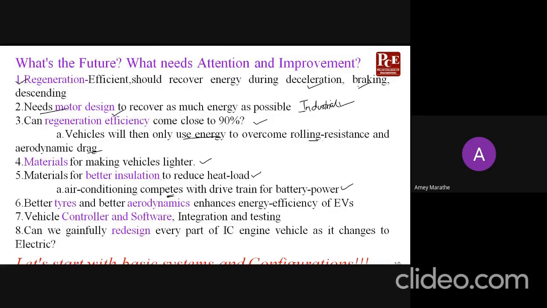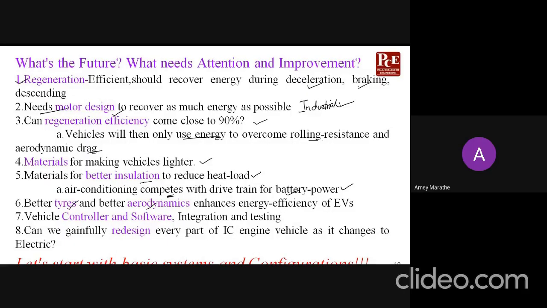As in an IC engine, where we use some percentage of the power of a combustion vehicle to run the AC, a similar thing happens here. So your AC is also competing with the battery. It is also going to drain your battery. And when we are taking power out of the battery, it is going to heat up. So we will require good insulation. We will require good tires, and we will require better aerodynamics to enhance the energy efficiency of EVs.